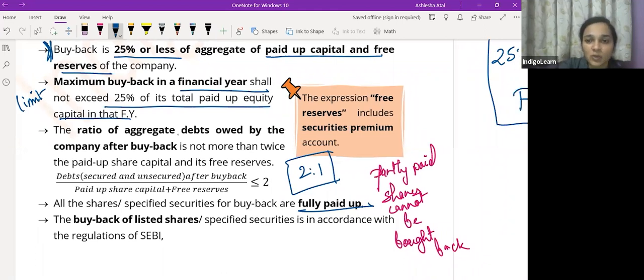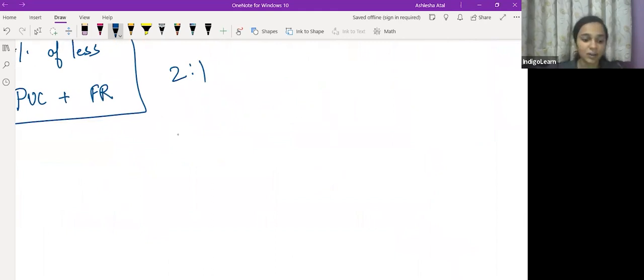Now I am sure you would have touched upon this topic of buyback in accounts. Yes or no? Yes, ma'am. Yes. So there, when you are ascertaining the buyback allowed, you take care of all these three parameters, right?